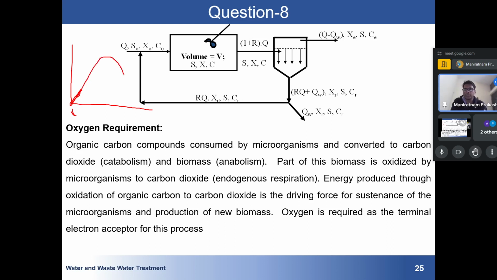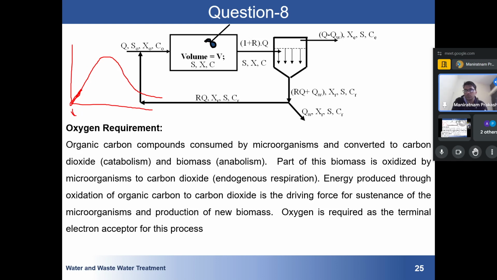Initially I add some microbes, and they start decomposing the organic matter in the system. Then energy will be produced, and this energy will help in the growth of the microorganisms.